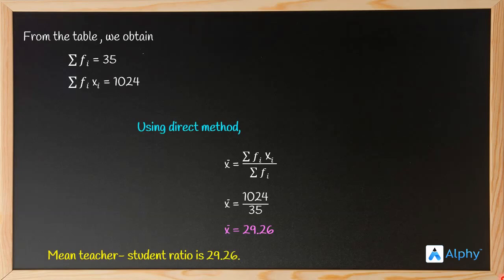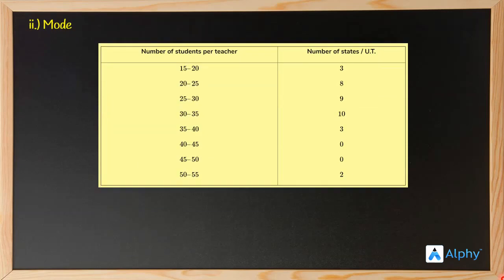Now let's find out the mode of the data. For finding the mode, first we need to determine the maximum frequency as well as the modal class. You may observe that among all the frequencies, 10 is the maximum frequency. Hence, the maximum class frequency is equal to 10.